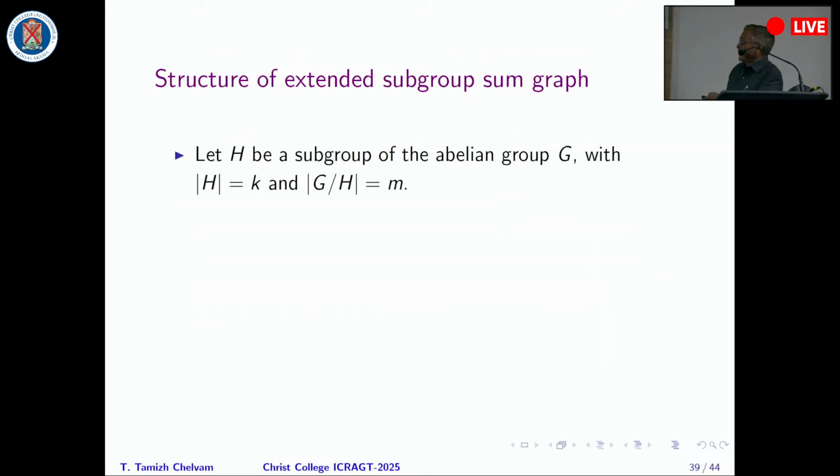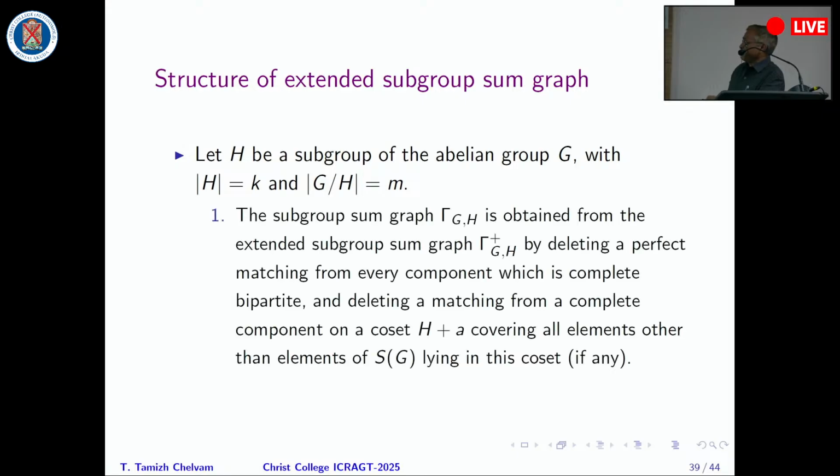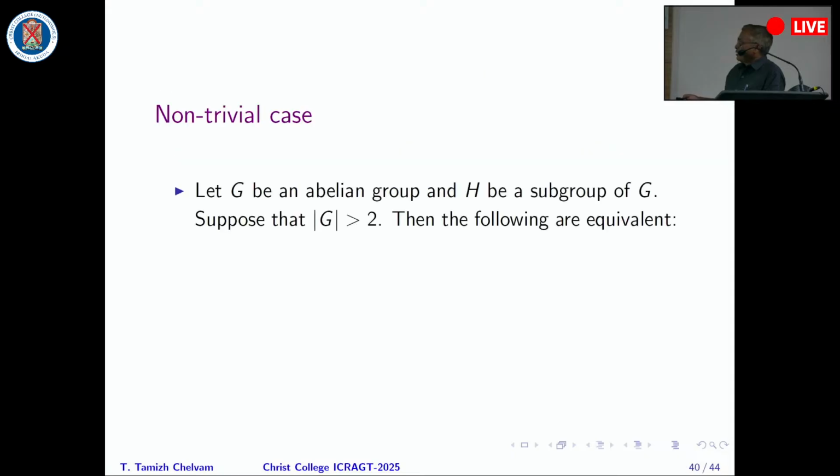Then you will get the subgroup sum graph. The subgroup sum graph is obtained from the extended subgroup sum graph by deleting a perfect matching from the complete bipartite components and deleting a matching from complete components. So that gives you, and ultimately this equivalence is determined.